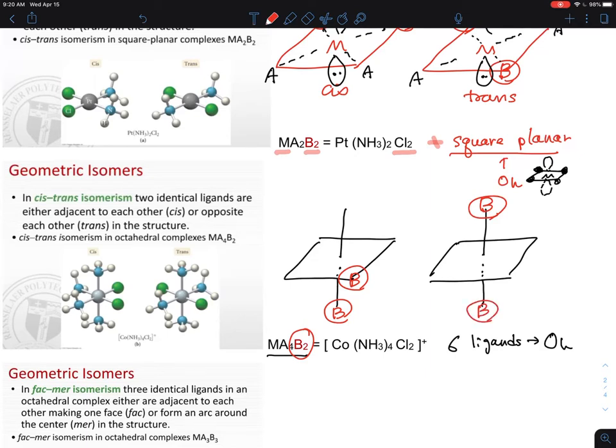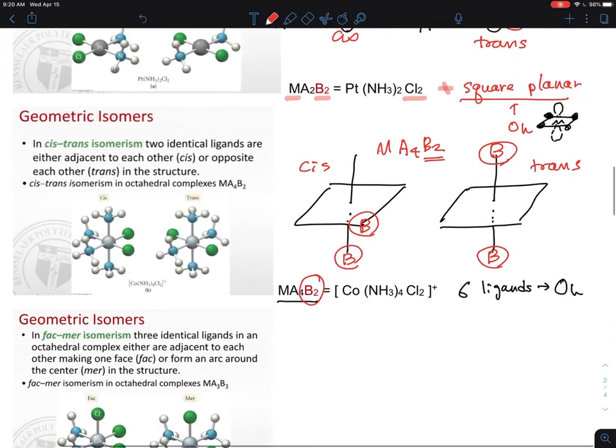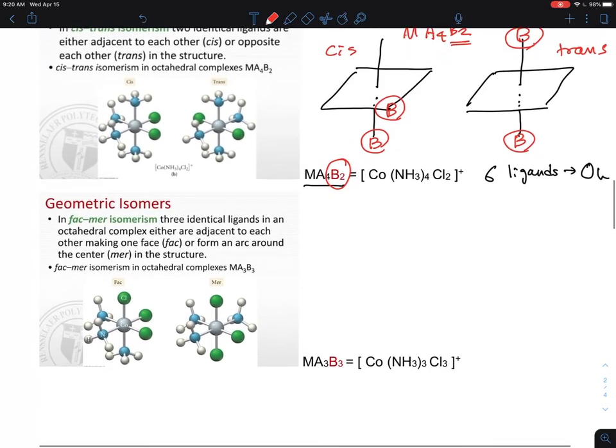So when you have this MA4B2, it's easier to keep track of whether these two are on neighboring sides or not. And this is a cis, this is a trans. And the geometric isomerism for octahedral metal complexes, FAC and MER isomerism, is pretty unique.